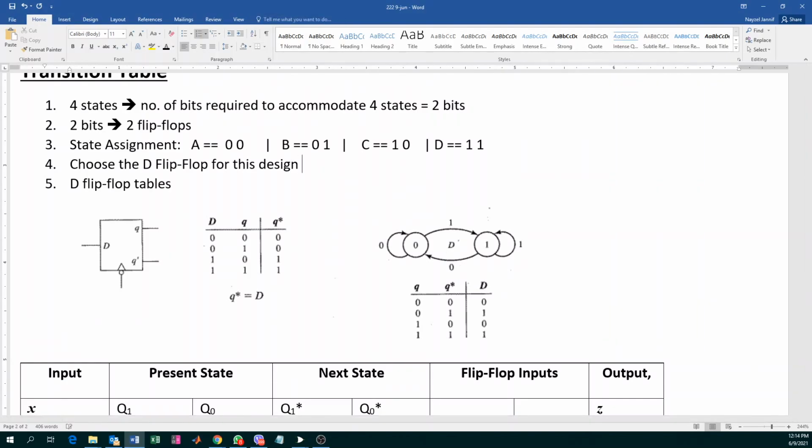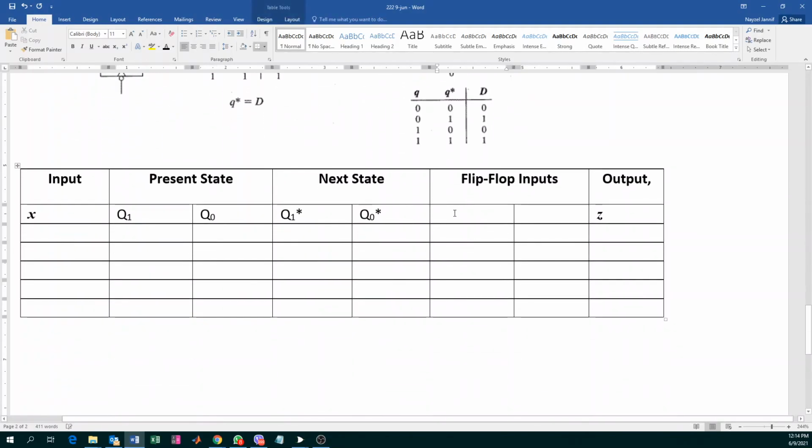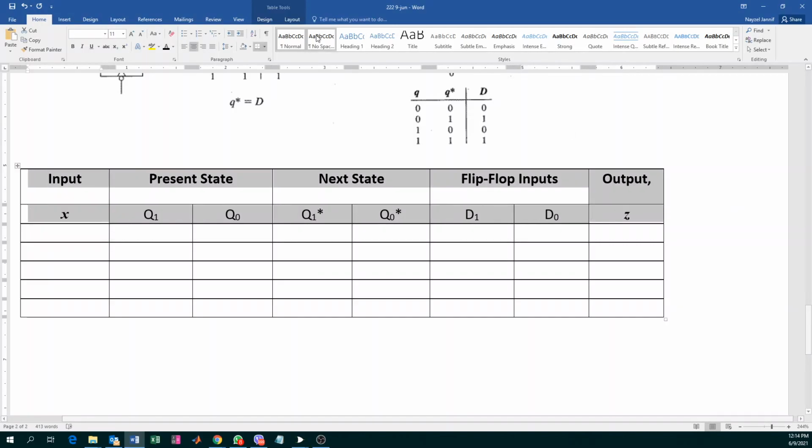We need 2 D flip-flops, so we can have that as D1 and D0. Let's shade that up. All right, guys.